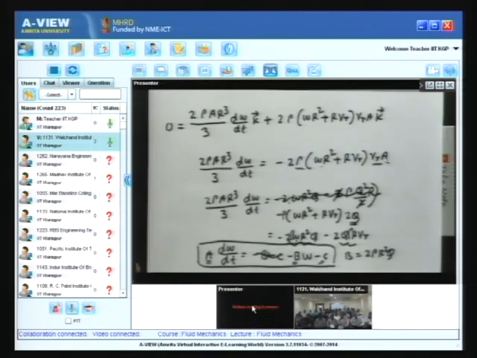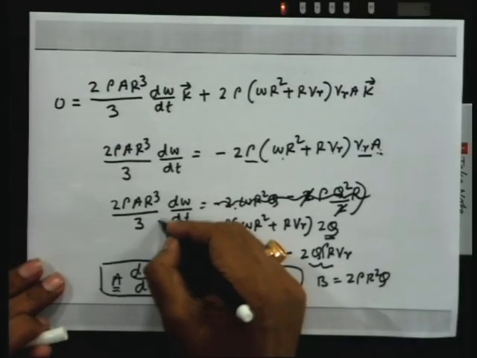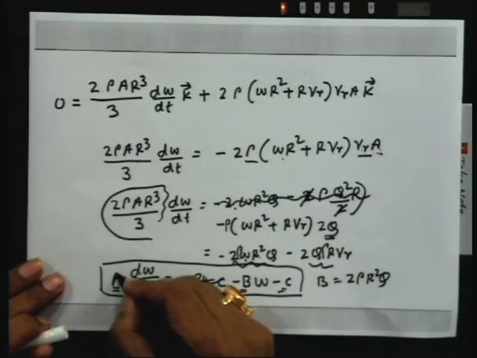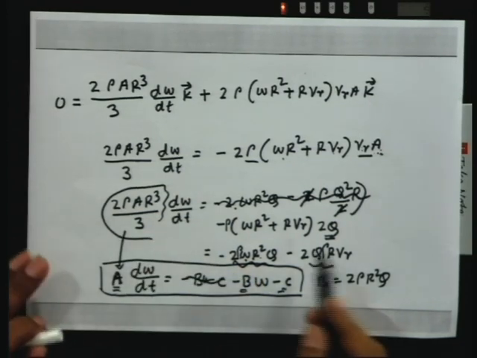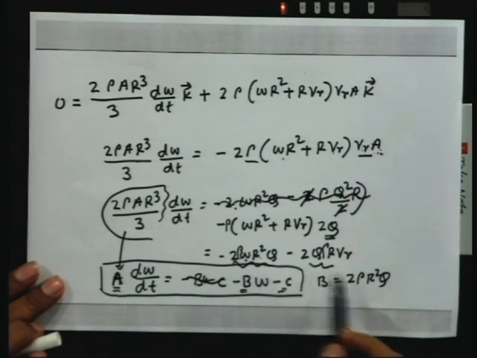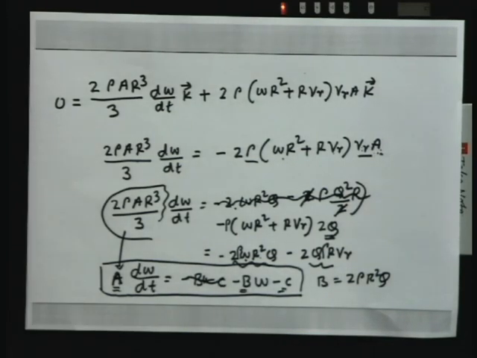This is A, this is d omega dt. This is simple mathematics; if something is missed, you can make it. It is 2 rho A R cube by 3, I hope, if I have not made any inadvertent mistake in the algebra. It is only simple algebra.